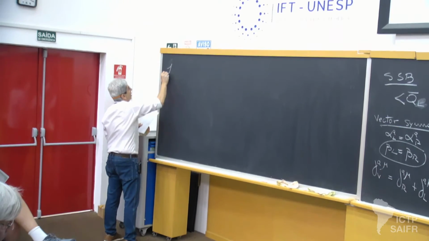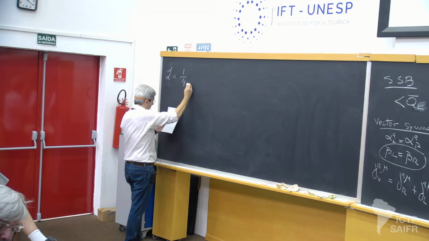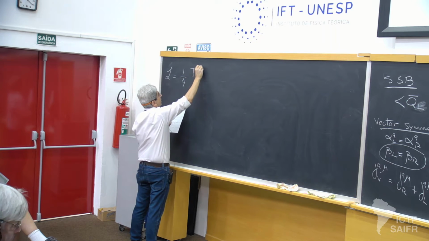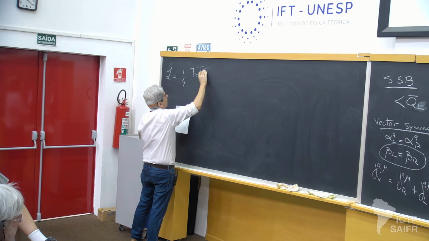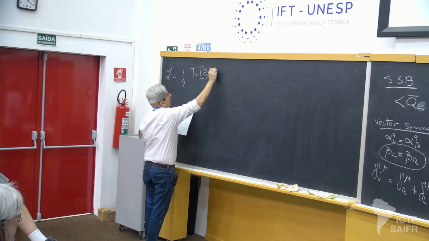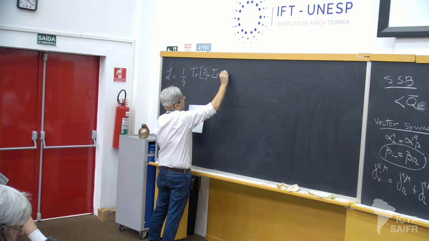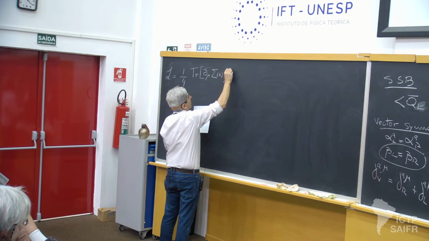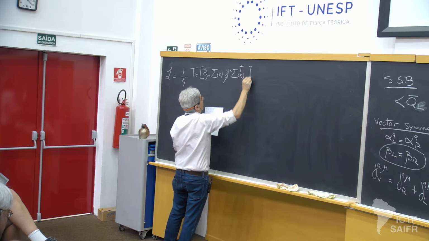So now the Lagrangian I'm going to build, which is an effective Lagrangian, is like this. 1/4 of the trace of sigma, no, I'm sorry. I need the derivative. This is the kinetic term, d mu sigma dagger. That doesn't matter really, it's the trace. D mu sigma dagger, okay?